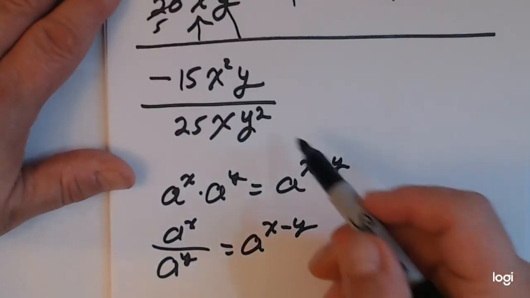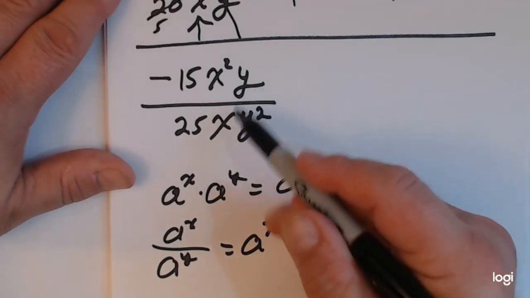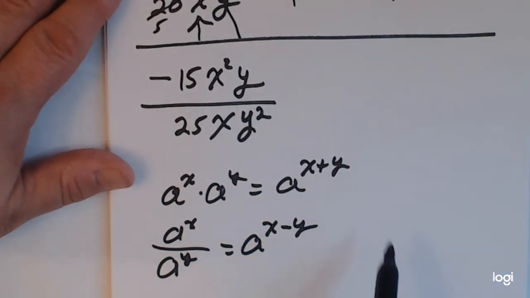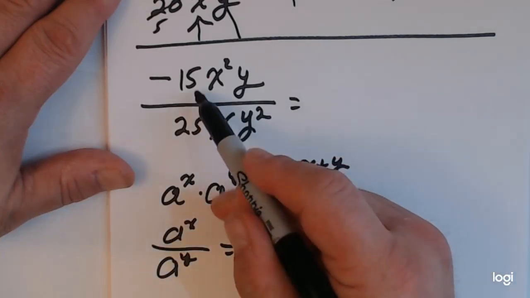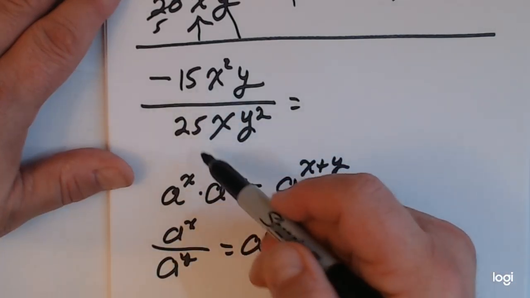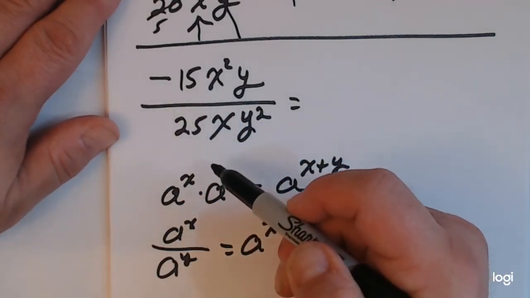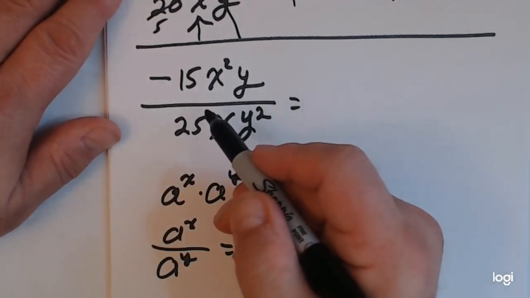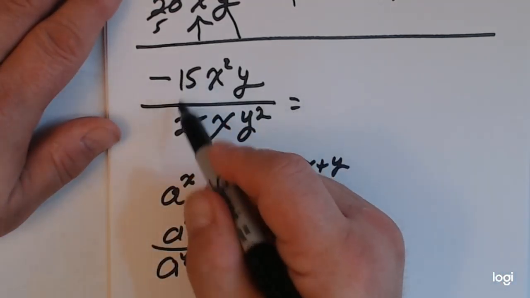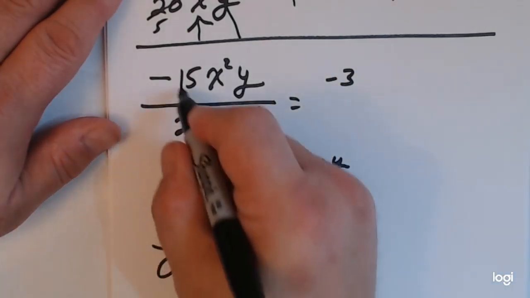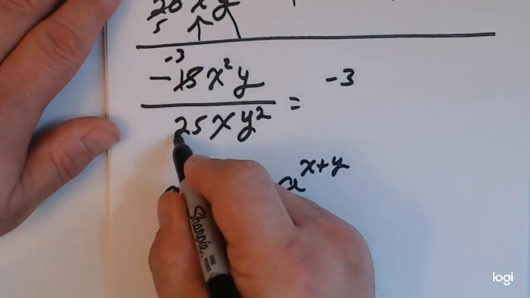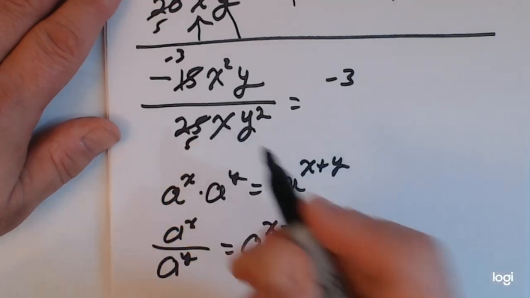And so that's what we have going on up here. Now, let's deal first with the 15 and the 25. We can see easily on this that 5 is the greatest common factor, and 5 goes into negative 15 negative 3 times. And 5 goes into 25 5 times.